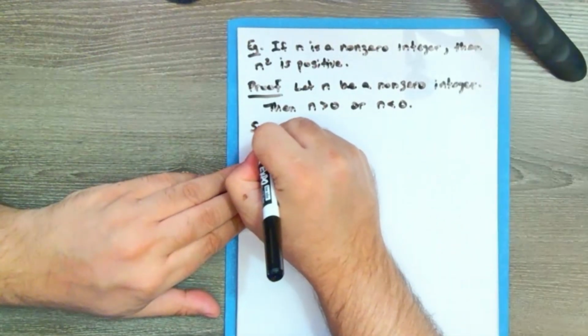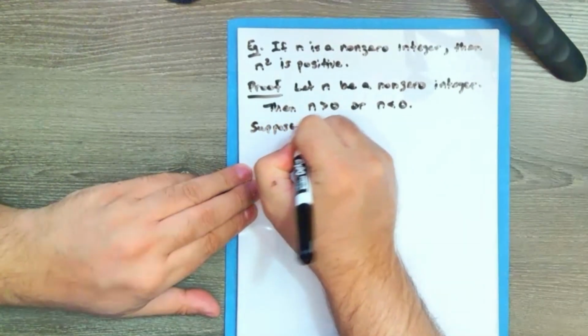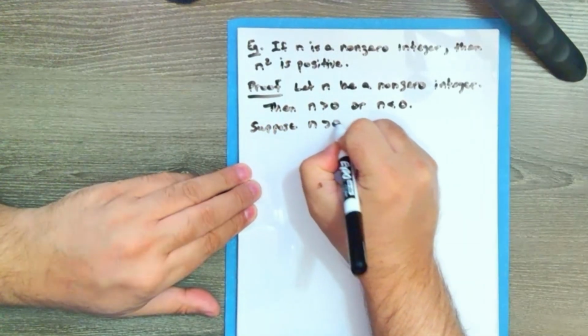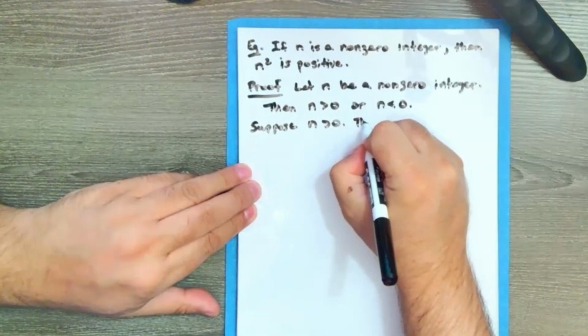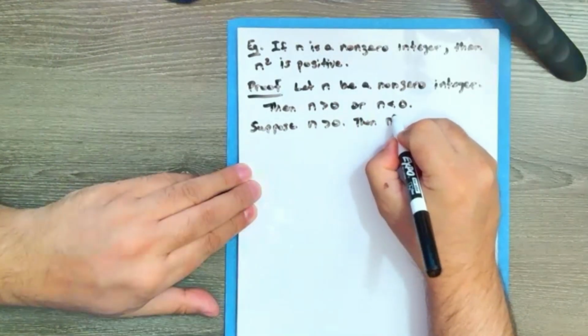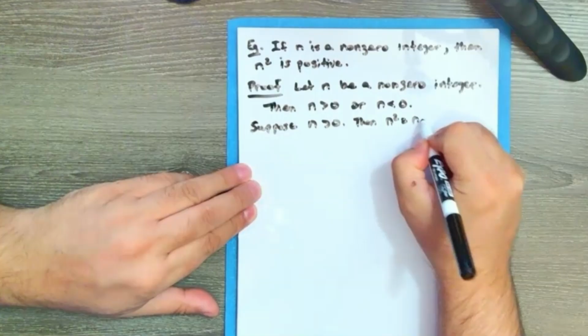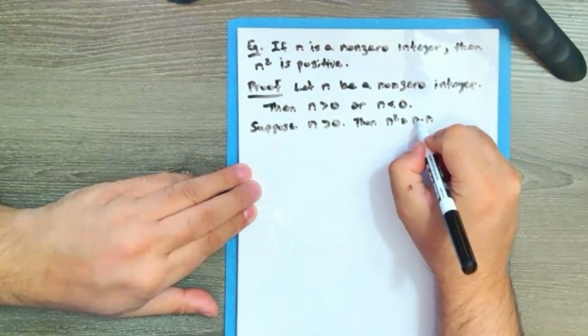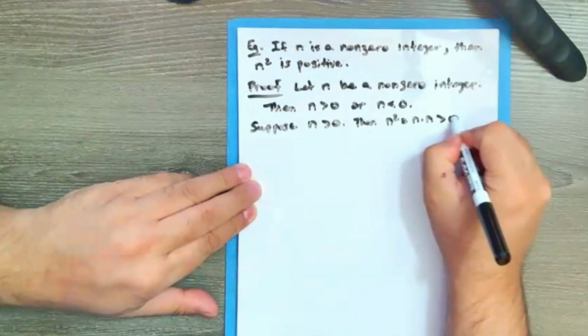So suppose that n is positive, then n squared is n times n, that is a positive number, times a positive number, which is positive.